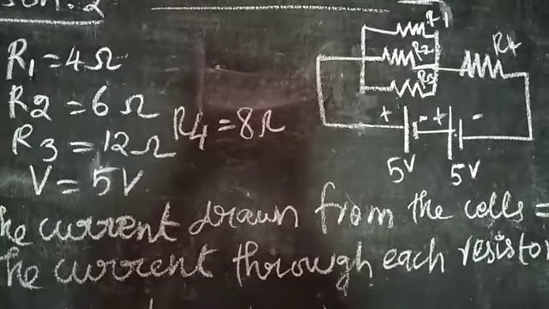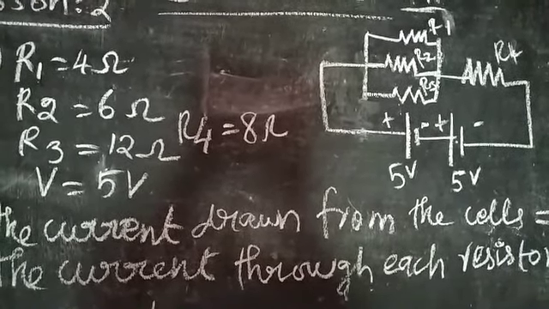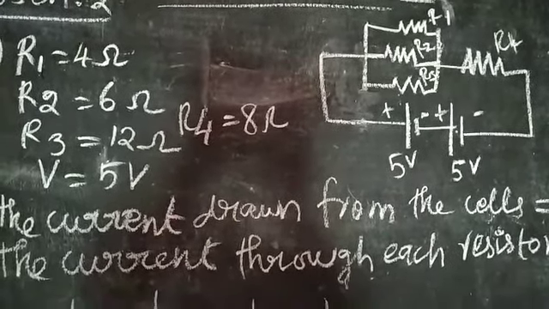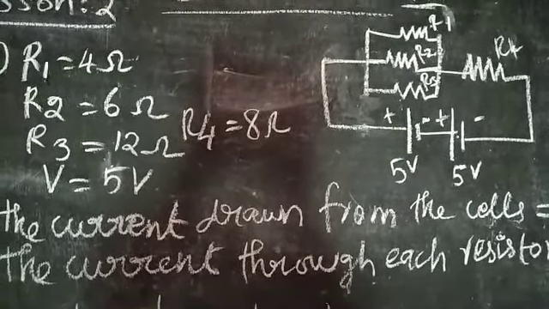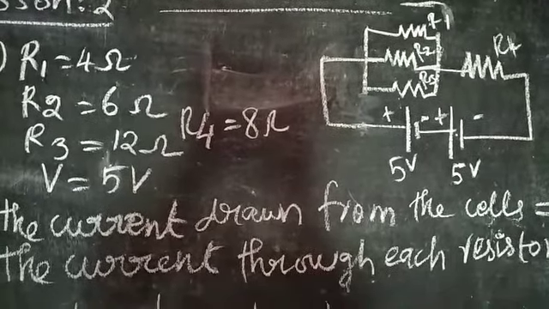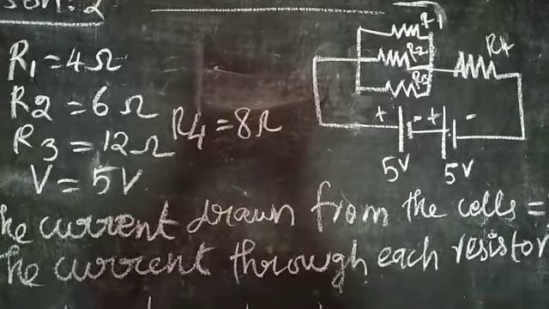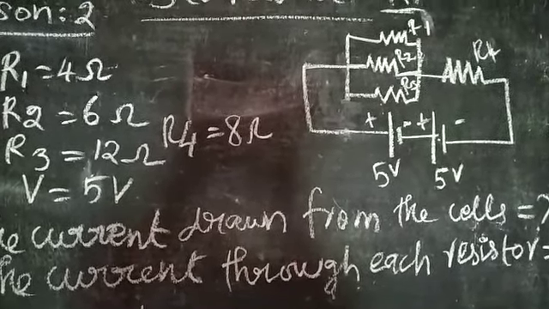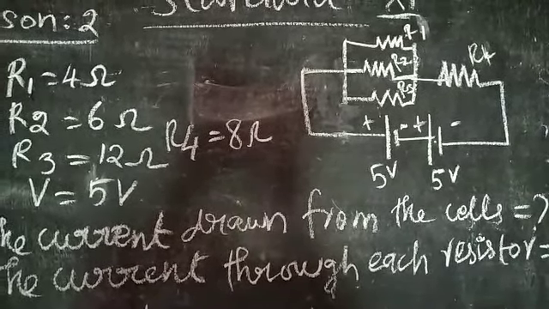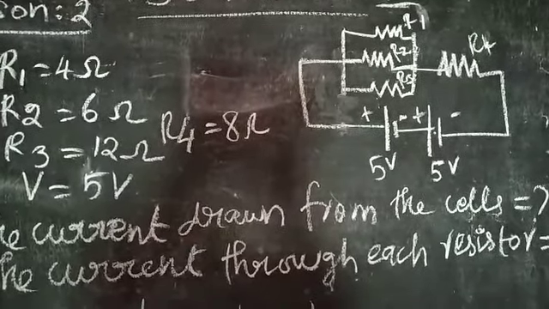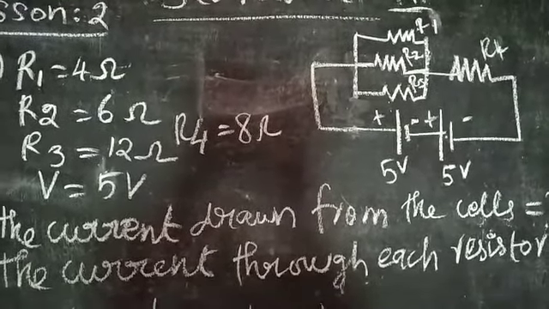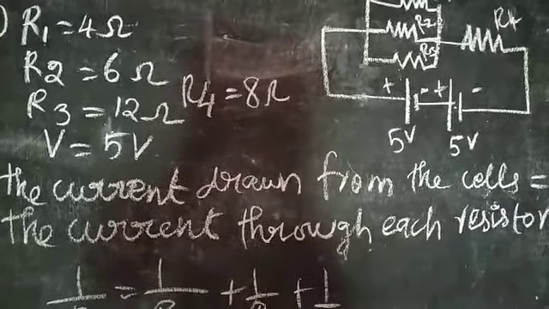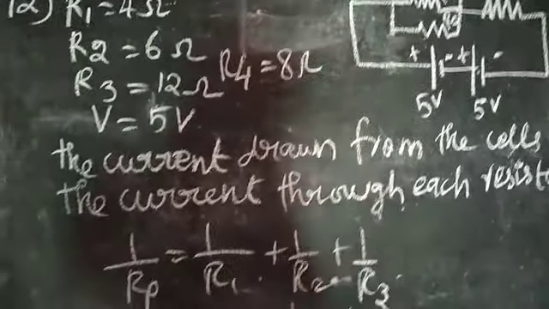So from the question, resistances R1 equal to 4 ohm, R2 equal to 6 ohm, R3 equal to 12 ohm are connected in parallel, in series with the resistance R4 equal to 8 ohm. The cells, each 5 volt, are connected in series. So calculate the current drawn from the cells and the current through each resistor.